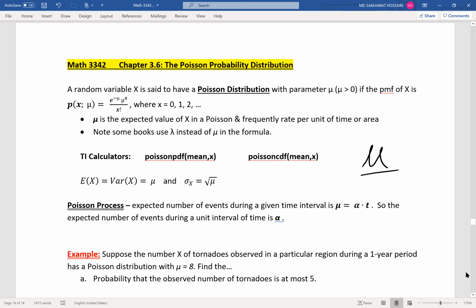If you count the number of cars passing the traffic signal in every 5 minutes, maybe no car passed in the first 5 minutes. So the number of cars could be 0, it could be 1, 2, 3, 4, 5, and we do not know the fixed number, right? So here you do not need the fixed number. So the x could be 0 to any number.